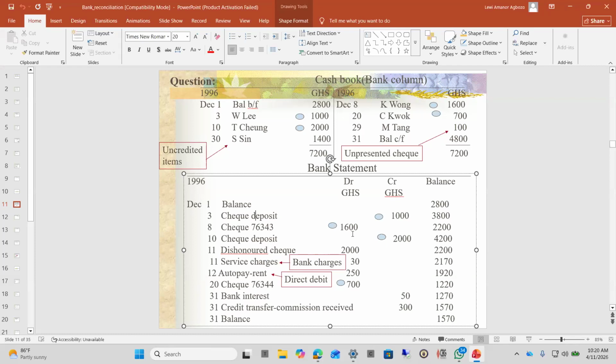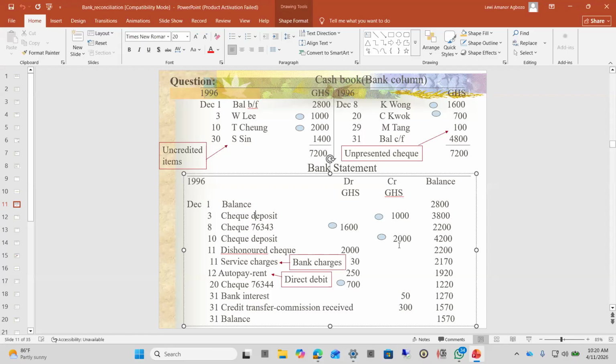Now, on the 10th, we received 2,000 cedis from T. Chong in our cash book, and so we send it to the bank. And on that 10th, there is a check deposit of 2,000, which means the check we sent has been deposited successfully. Is that okay?